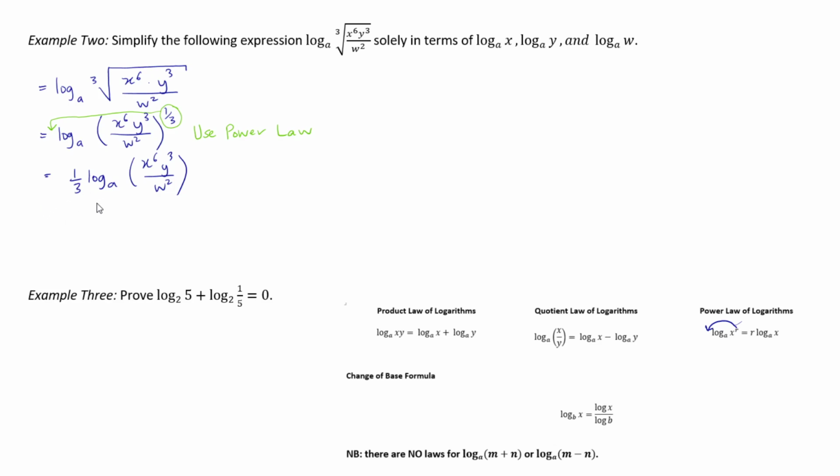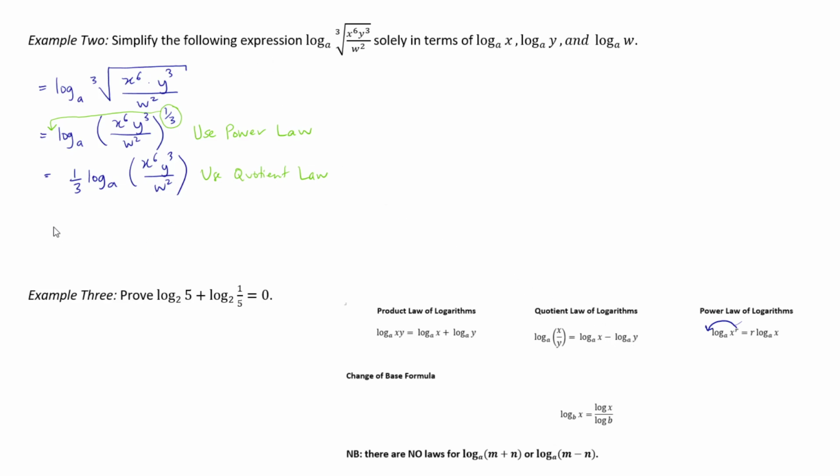I notice that over here I can use the quotient law because I have one thing divided by another, base a. So I'm going to use the quotient law: numerator divided by denominator becomes log numerator minus log denominator.